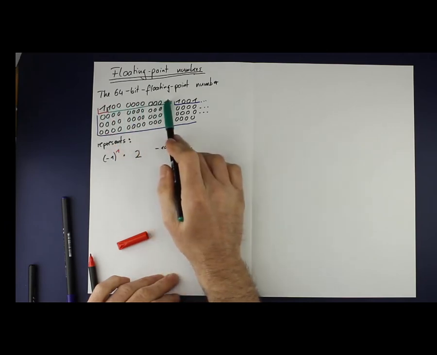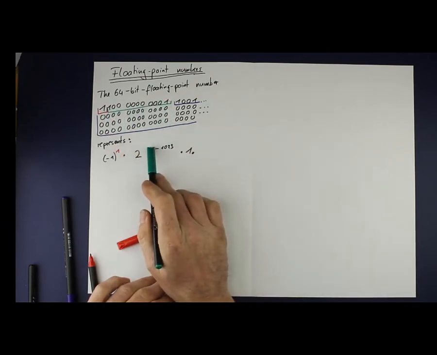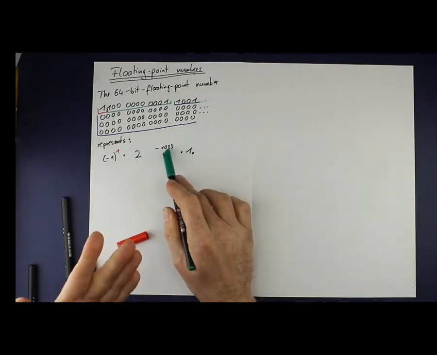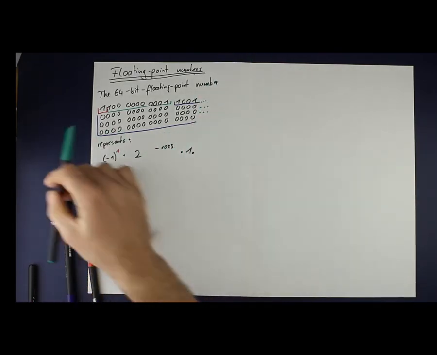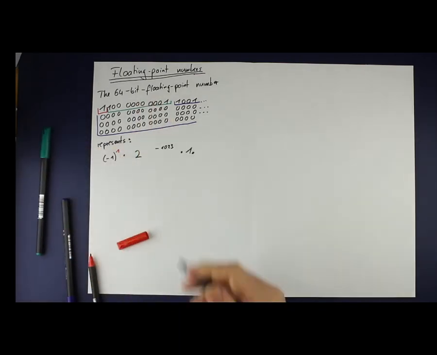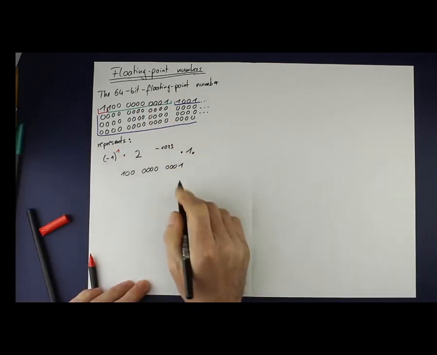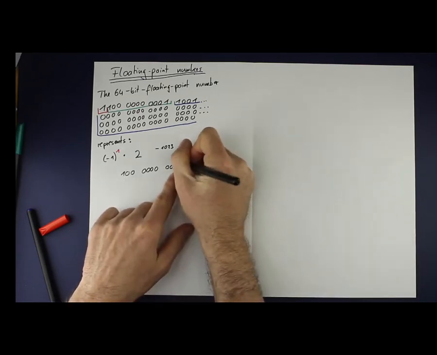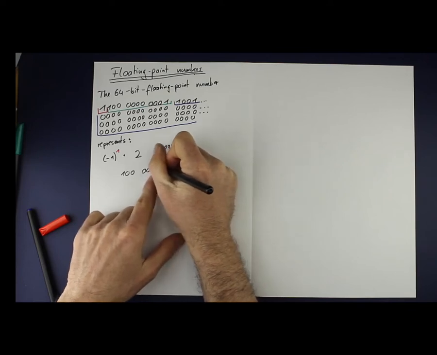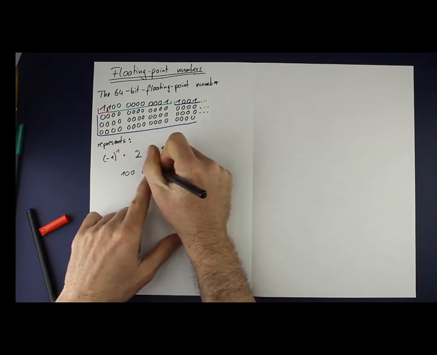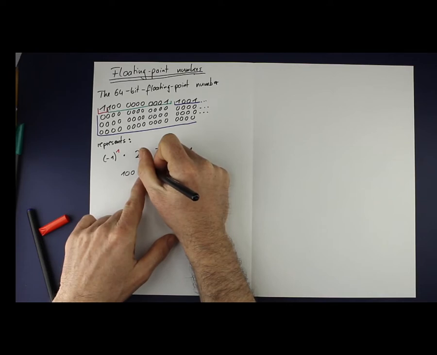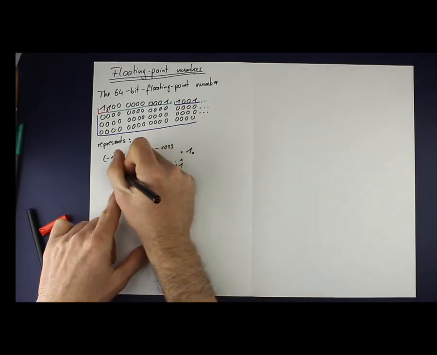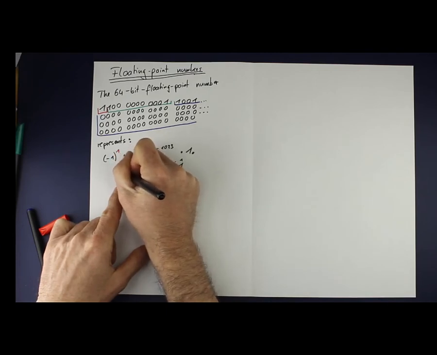The next 11 bits, this is the Mantissa. It represents this number. It's adjusted by 1023. So let's see what's happening here. And now this is a dual number. This is the 1 bit, the 2, 4, 8, 16, 32, 64, 128, 256, 512, and this is the 1024 bit.